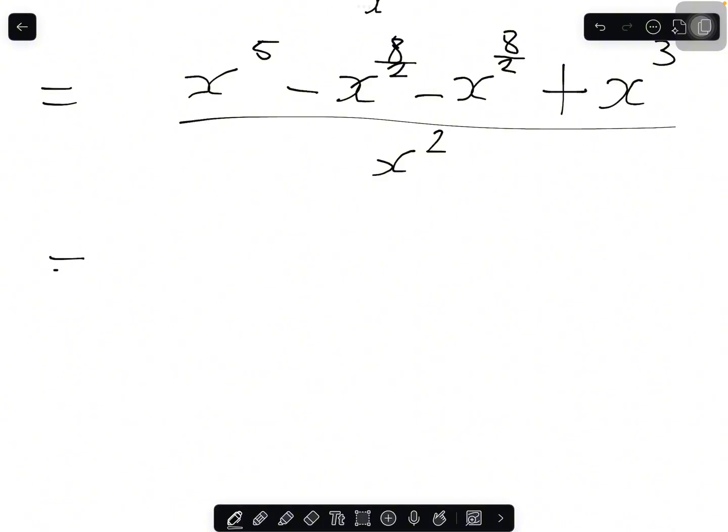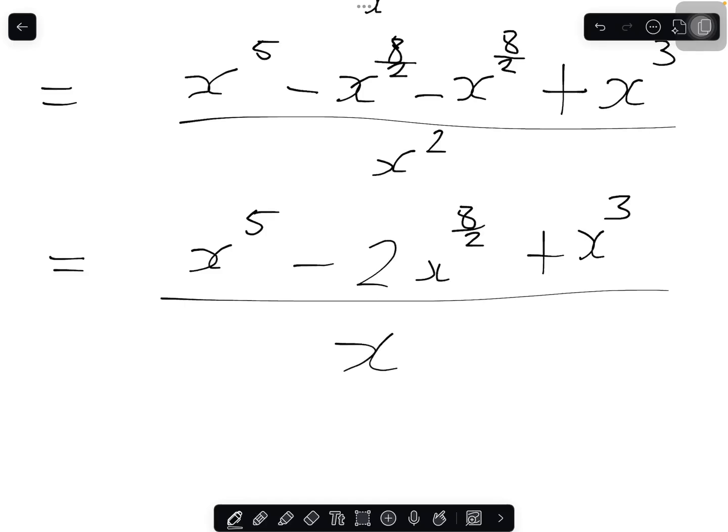That's now going to give me x to the 5 minus 2 x to the 8 over 2 plus x to the 3 over x squared.